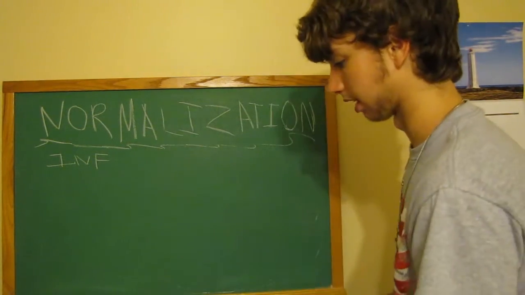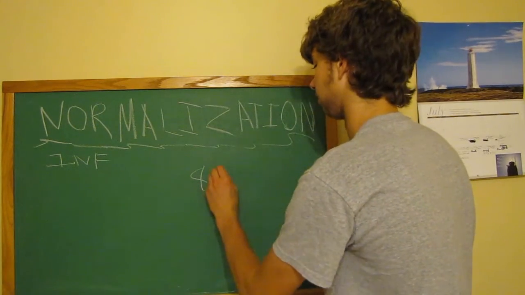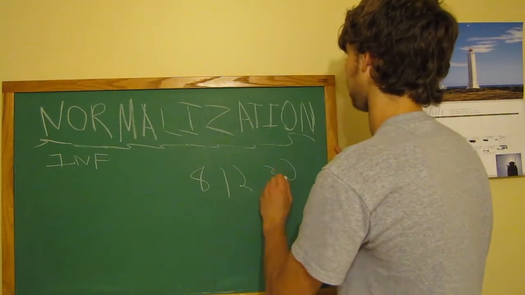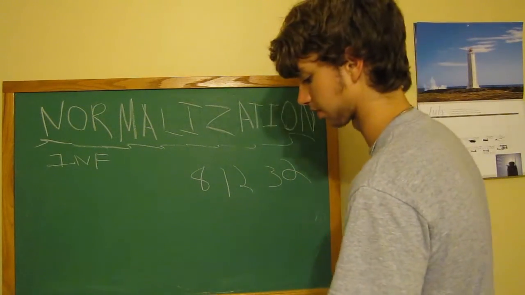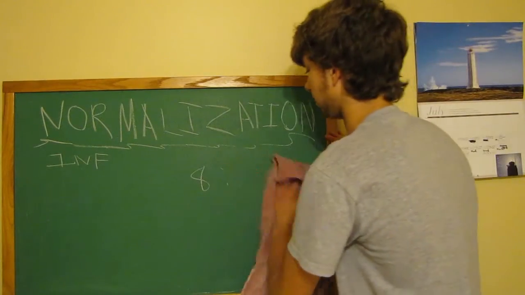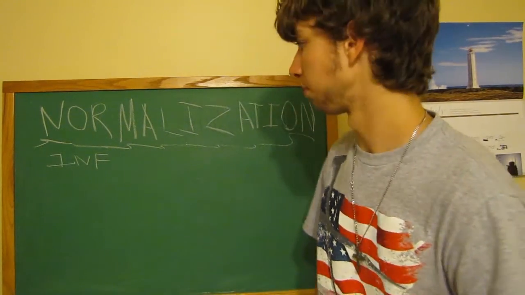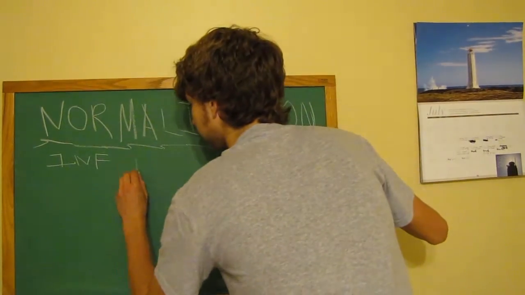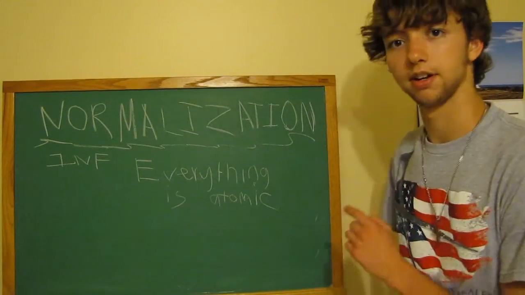The time, let's say 8 hours and 12 minutes and 32 seconds. I don't see a reason to break that up, especially since most databases work really well with times. Alright, so the first normal form, everything is atomic. That's the very first thing.